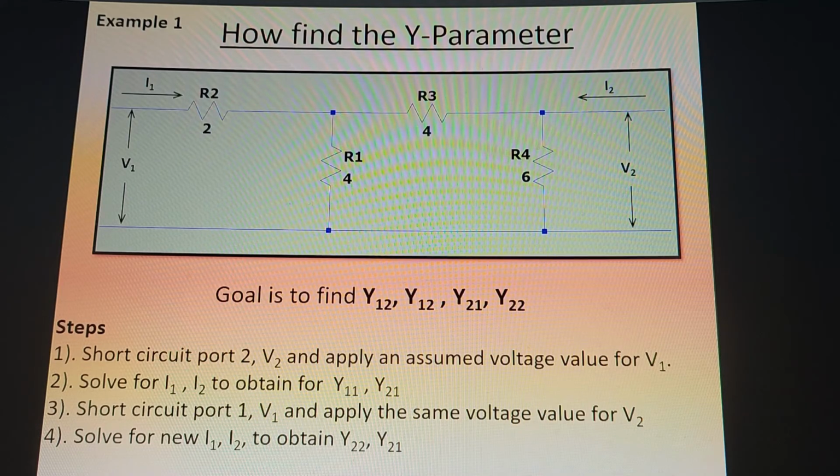And then at this point, I1 and I2 can be determined, which will allow for the calculation of Y11 and Y21. Then the opposite is done. The left side of the circuit will be shorted and a power source will be added to the right side, allowing for the other two figures to be found.